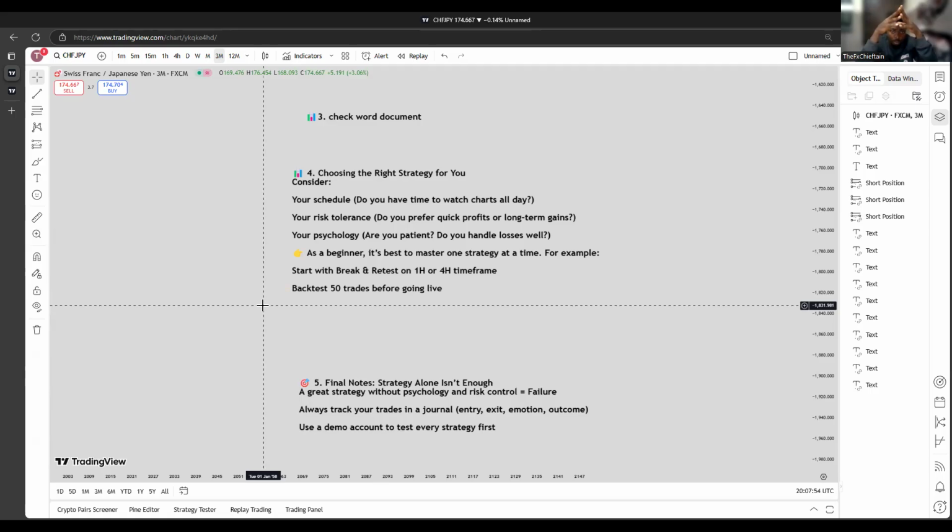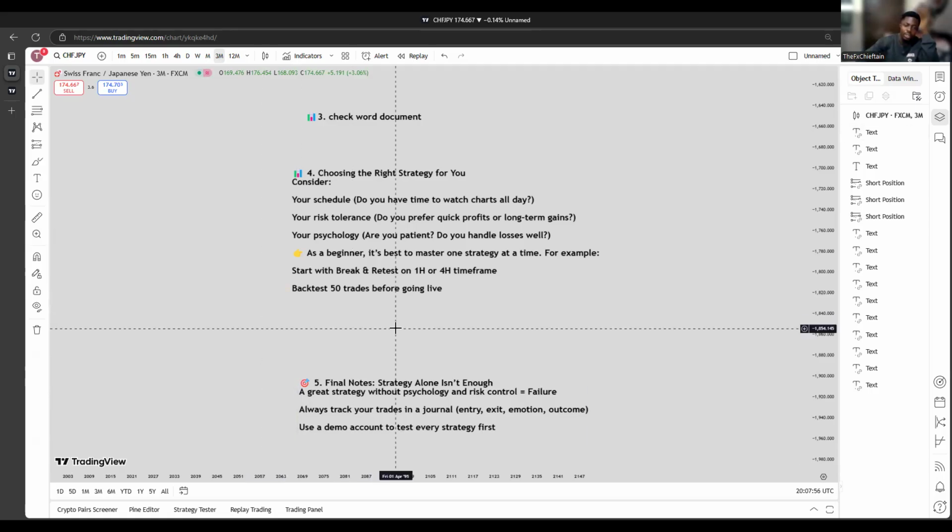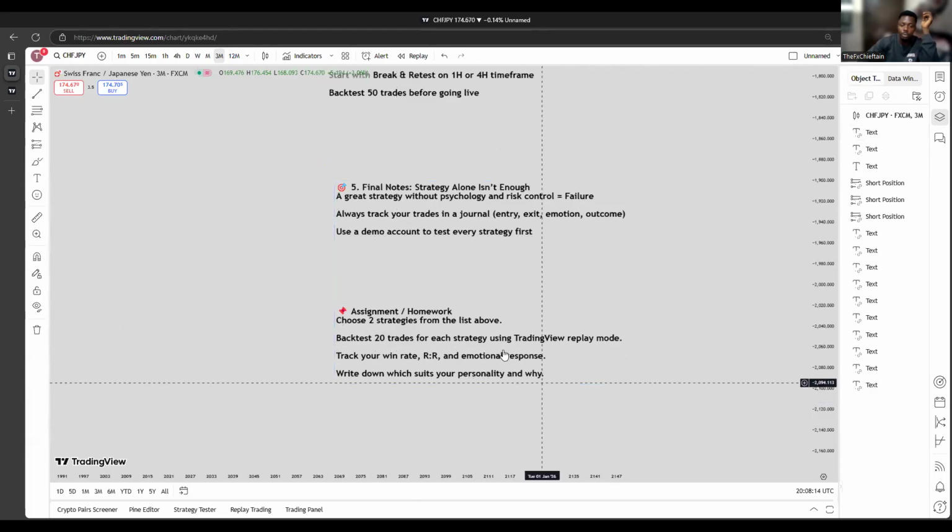Then our final note here: strategy alone is not enough. A great strategy without psychology and risk control equals failure. Always track your trades in a journal: your exits, entries, emotions, and outcomes. Use a demo account to test every strategy first. Then we have an assignment.